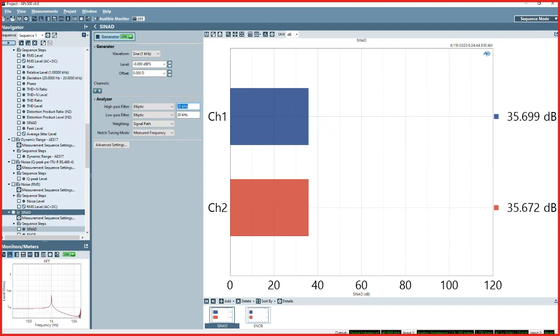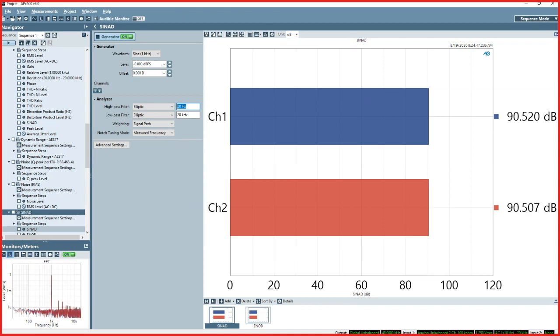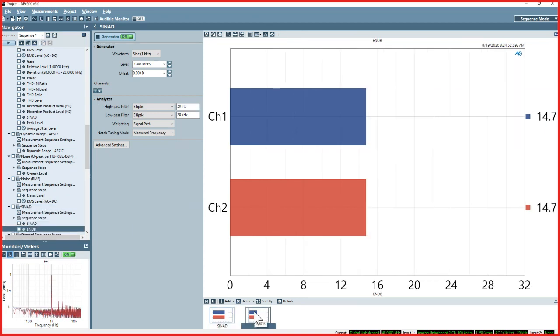The other thing I actually think is more interesting is the other result that we have in SINAD, which is the equivalent number of bits. So in a PCM sampling system, every bit is equal to 6.02 dB of dynamic range. Now, A to D converters and D to A converters are not perfect. So the question then becomes, well, how close to perfect are they?